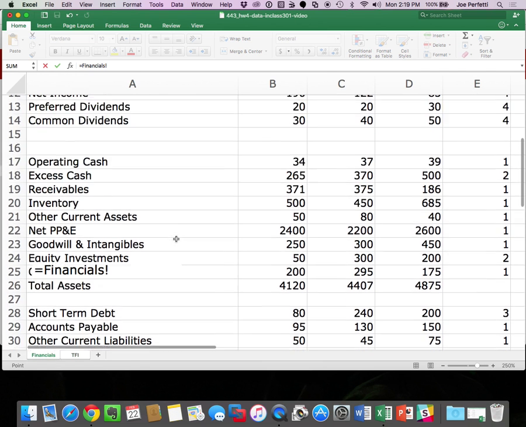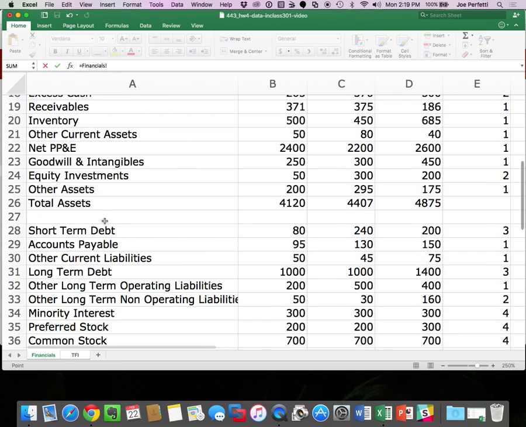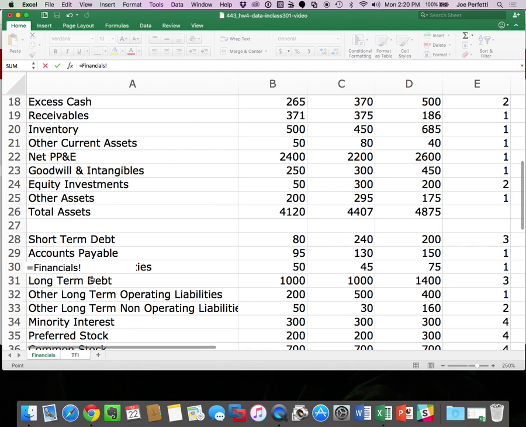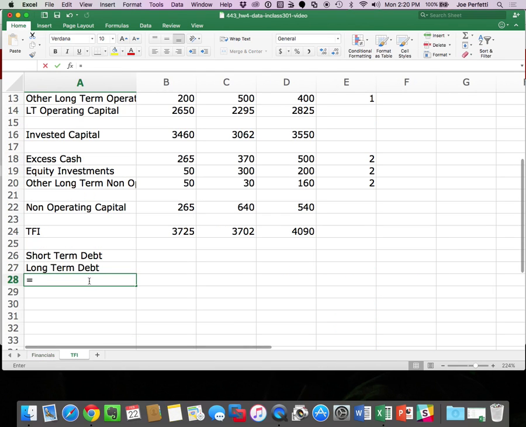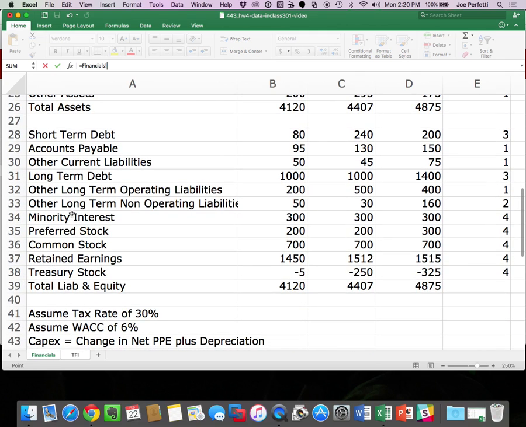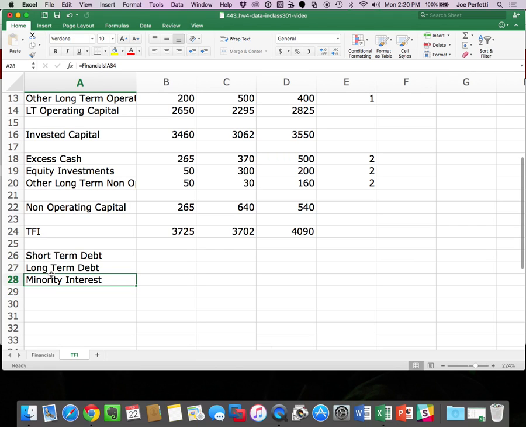Anything that's a 3: debt off the balance sheet, short-term debt, long-term debt. Anything that's a 4: minority interest all the way through treasury stock.